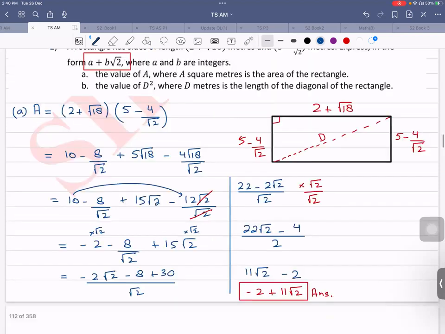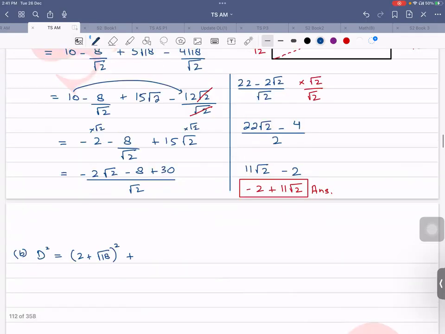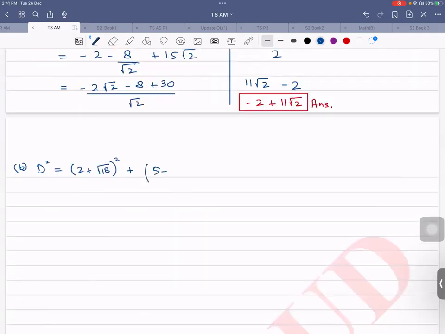Hypotenuse square is equals to base square plus height square. And we will use the algebraic identity to expand the brackets.